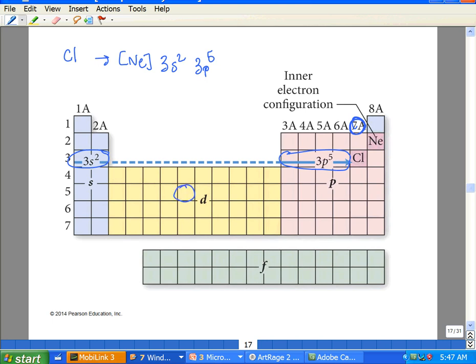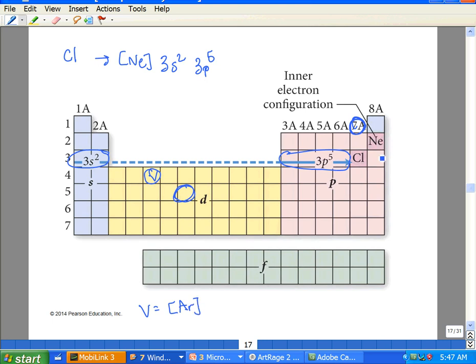When we're talking about valence electrons, we're not talking about the order that they fill. So even if we have, let's say vanadium, which is located right here, it would have the inner core, right? And then it would have the 4s2, and then the 3d3, right?